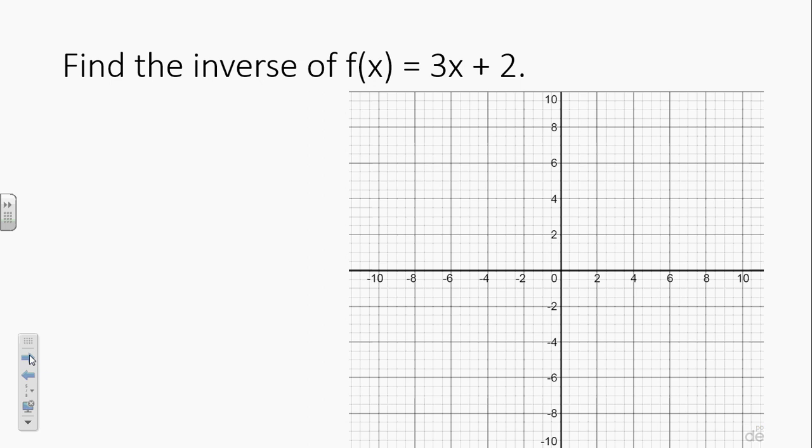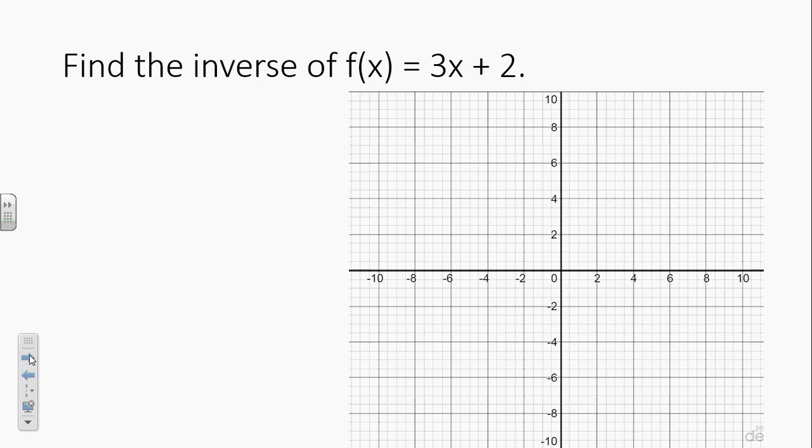So now that we understand the idea of finding an inverse when we have points in a table, how are we going to find the inverse of an equation? And this equation's in functional form.